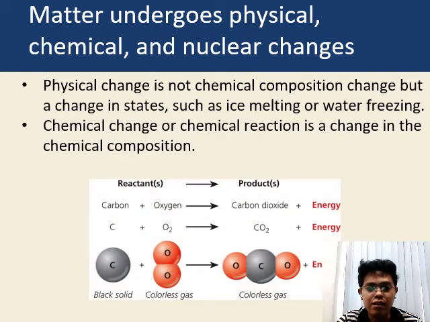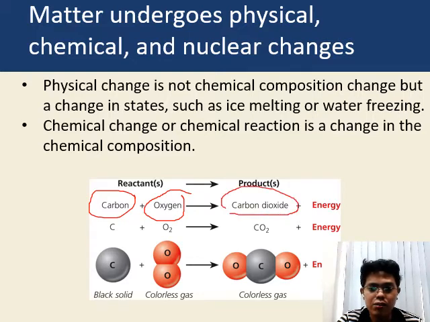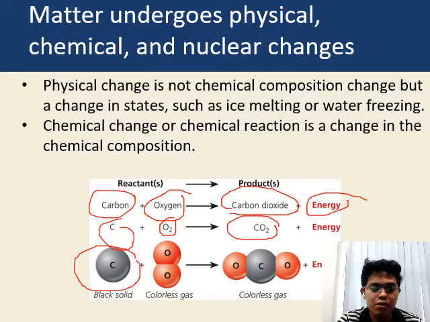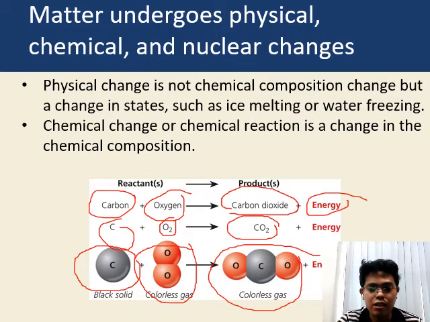For example, here, the reactants are carbon and oxygen. If we add these two elements, it creates carbon dioxide, which is a new product, and energy. So C plus O2 creates CO2. And this is a representative structure: from a black solid carbon and a colorless gas, it creates a colorless gas, which is CO2, and energy.